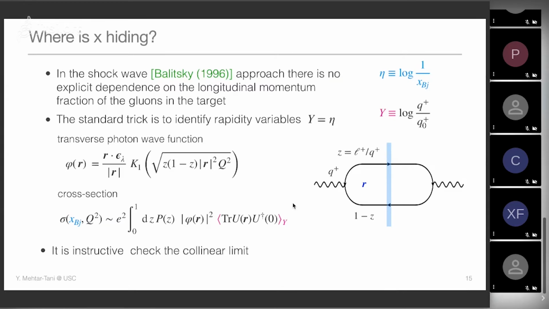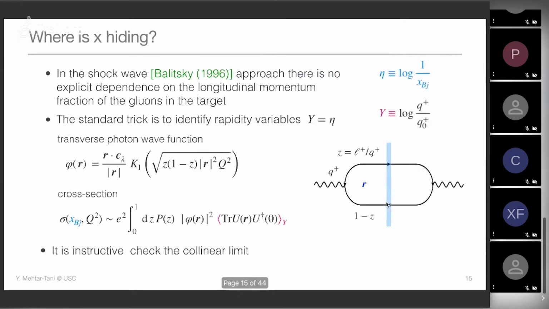Collinear limit meaning that if Q squared goes to infinity, I expect to see the one-loop DGLAP kernel corresponding to a gluon going into a quark. So here there's a gluon exchange, and I expect to see a gluon to quark splitting function that enters the DGLAP evolution equation.